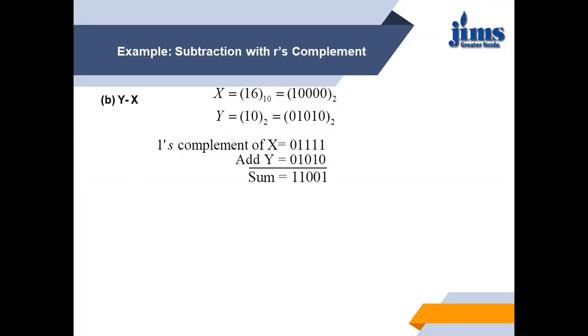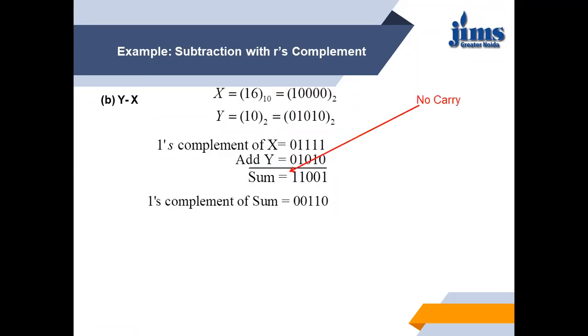1 plus 0 is 1, 1 plus 0 is 1, 1 plus 1 is 0, carries 1, 1 plus 1 is 0, carries 1, 1 plus 1 plus 1, 3, sum is 1, carries 1, 1 plus 0 is 1. So here we can see that there is no carry. So when there is no carry, take 1's complement of the sum.